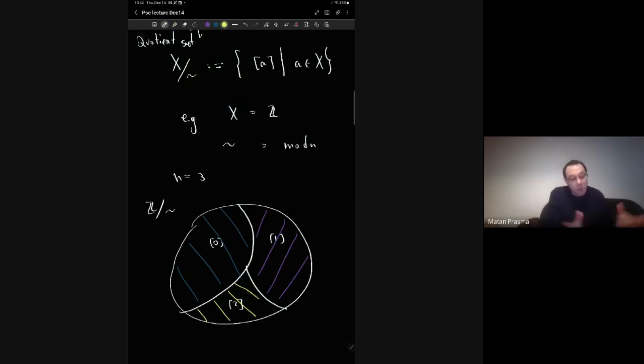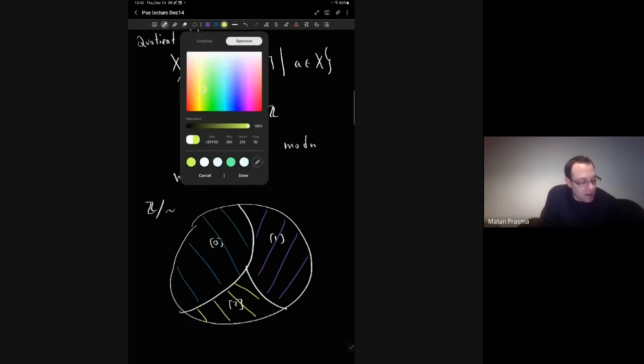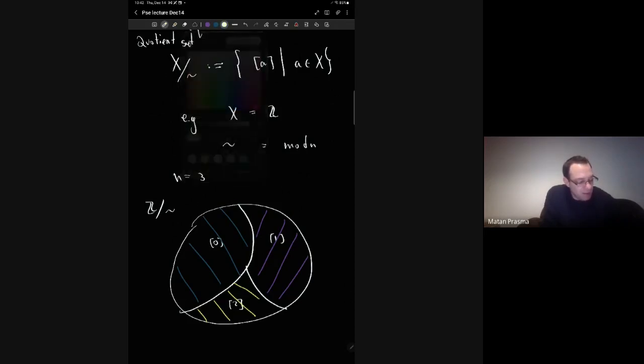Okay, so I took an infinite set, the integers, and after I defined the quotient, I collapsed it into a set of 3 elements.